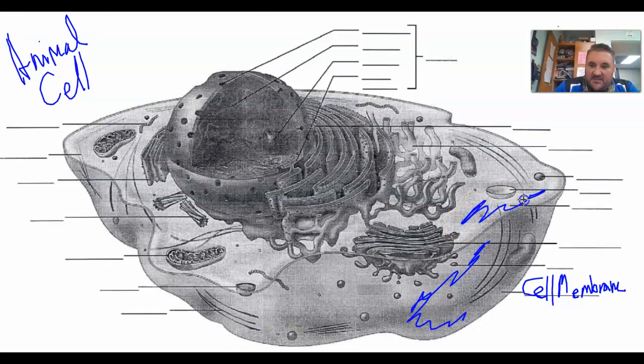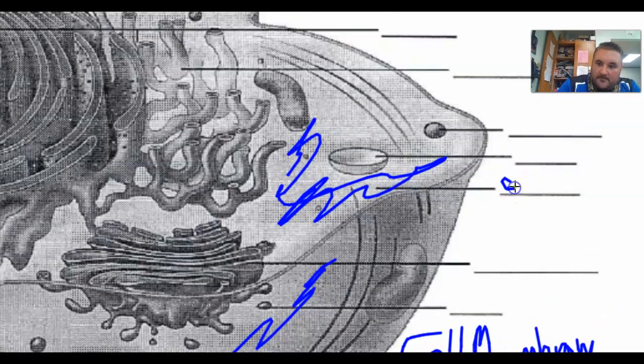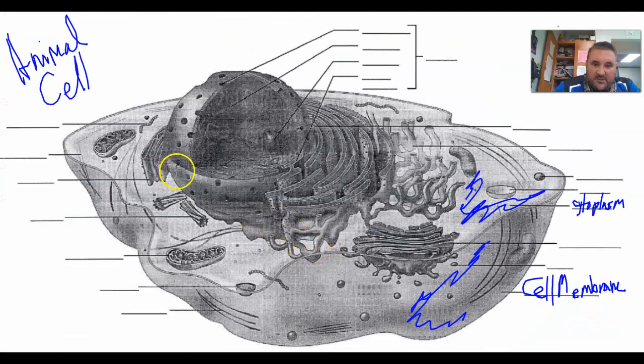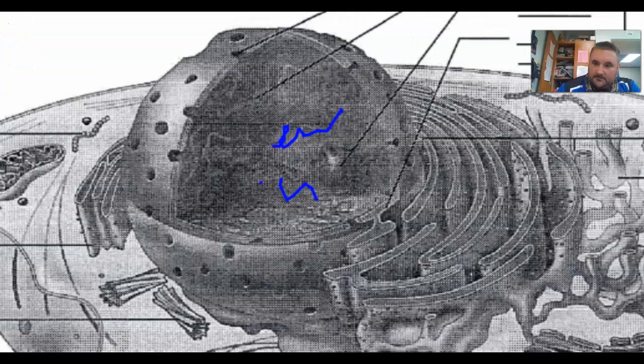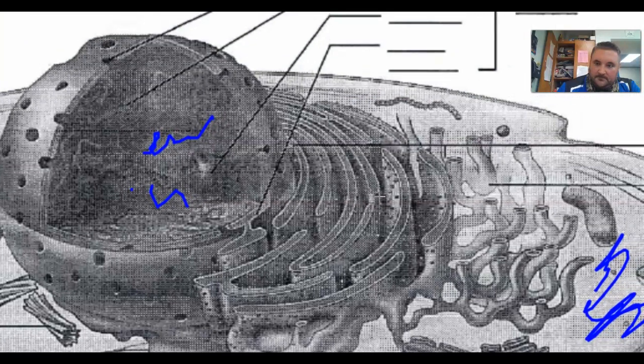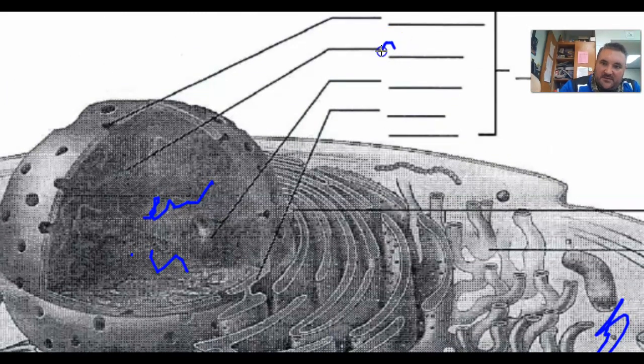The cytoplasm is actually this goo in here. And on this picture, you can't see specifically the DNA, but you can see these squiggly lines in here, which is what we call chromatin. And that chromatin is in the nucleus that we'll talk about shortly.